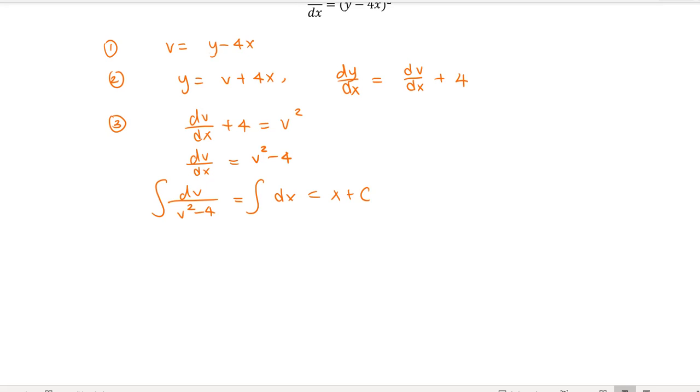This is a rational function, so we use partial fractions. Remember, we need to factor the denominator completely. How do we factor this? v plus 2, v minus 2, right?